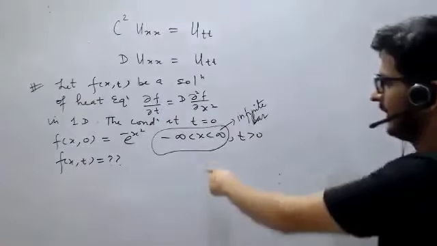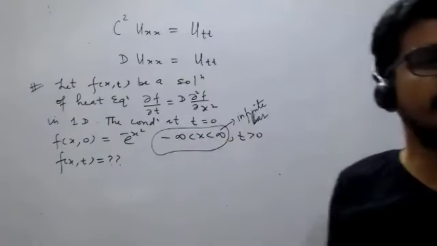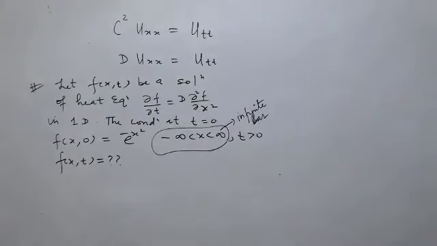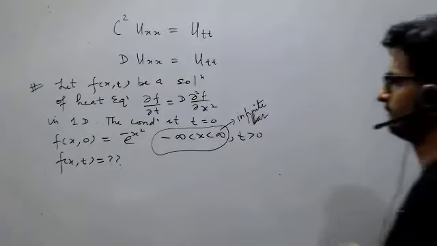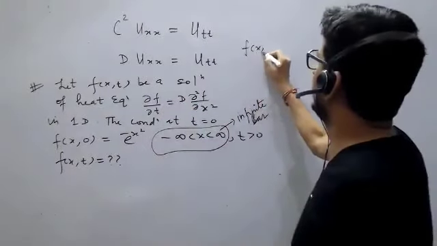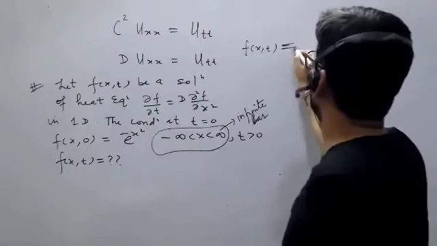But if it is from minus infinity to plus infinity, this is the case of an infinite bar. And now what will happen? What is the value of f(x,t) here? Tell me, anyone.